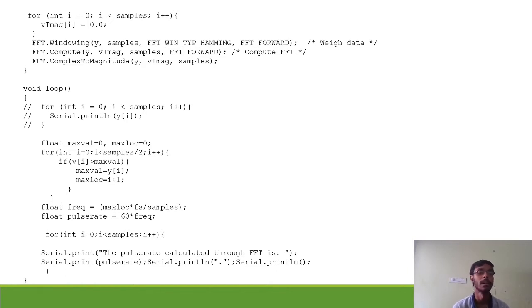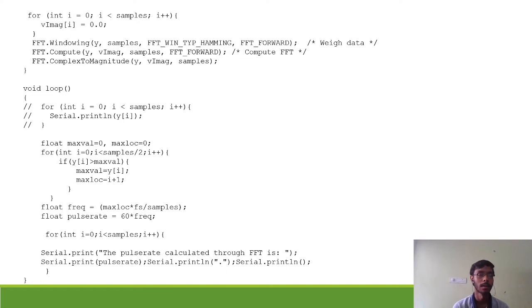So vImag of i equal to 0, we declare for every i equal to 0, i less than samples. Now to weight the data, we will use FFT.windowing with y, meaning our real data, then the number of samples, then the FFT window type, and FFT forward, meaning we are calculating the forward FFT. We will do the inverse FFT also, so we will see that at that time. FFT.compute is where we are calculating the fast Fourier transform, that is y, comma vImag, comma samples, comma FFT forward.